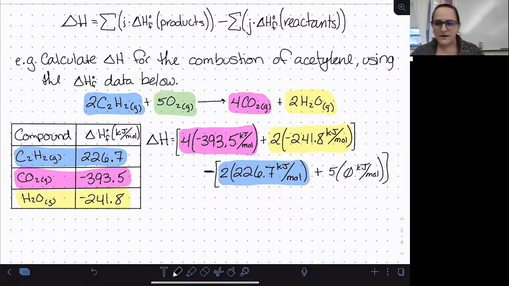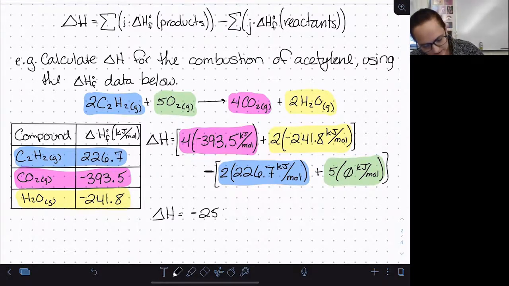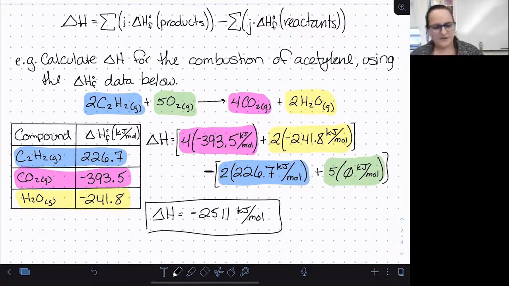Again, not mathematically important to include it, but for mental bookkeeping purposes, I like to keep things organized and account for everything in my calculations. So when we do out this math, we should find negative 2511 kilojoules per mole as our final answer.